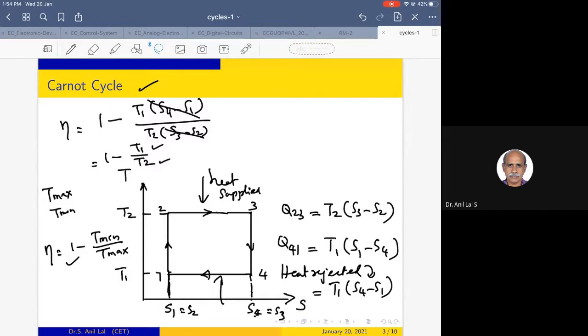Suppose T minimum is minus 10 degrees centigrade and T maximum is 10 degrees centigrade. T minimum by T maximum gives minus 1, so the efficiency will be 2. You will get into problems.